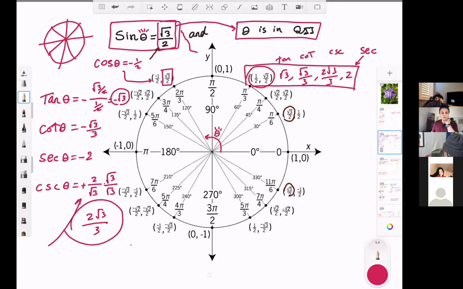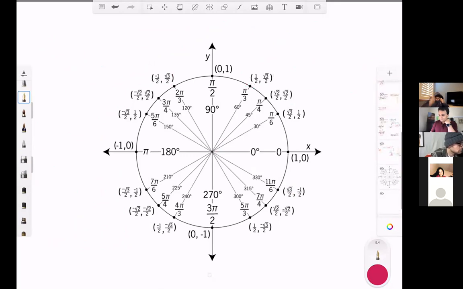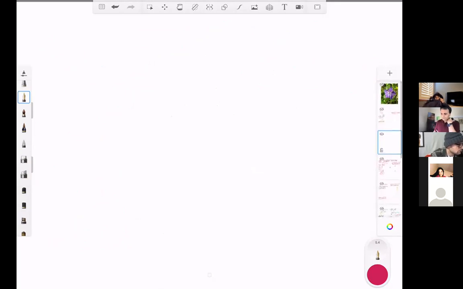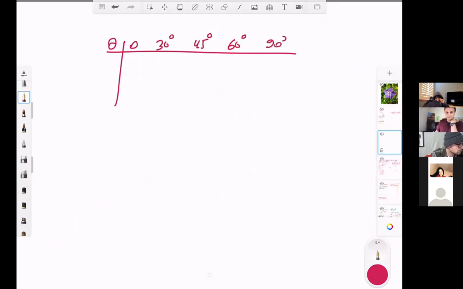The unit circle doesn't look good, but for sure, sine and cosine, the rest is optional. You'll save some time in the exam. Also, it would be good to have it in a table. Table means theta: 0, 30 degrees, 45, 60 degrees, 90 degrees.